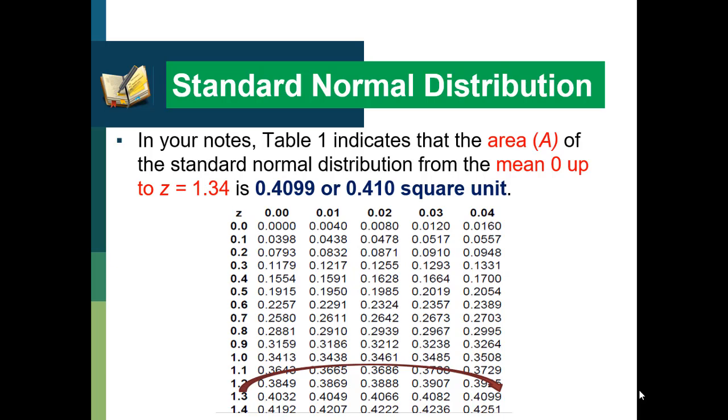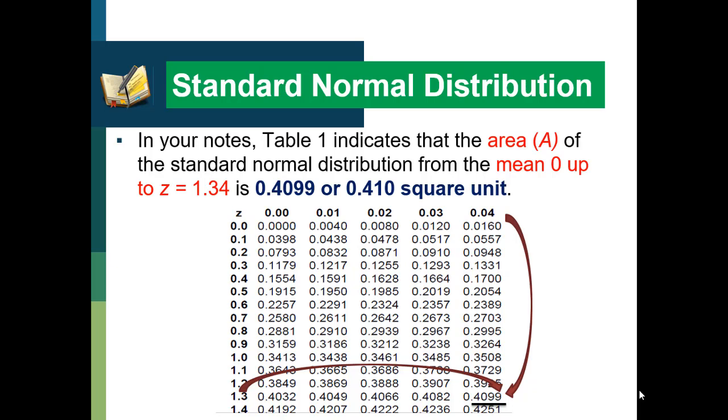And then, since we're looking for 0.34, you find the column of 0.04 because 0.04 and 1.3 is 1.34. So the area now is 0.4099 or 0.410. That's how you're going to find the area in your table, in your notes right now as a reference, because later we'll be using that area to compute for probability.